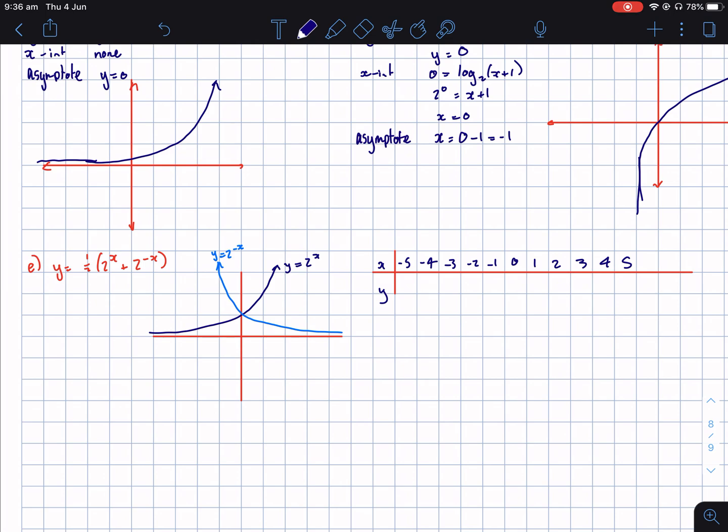And that's 1,025 over 64, which is like 16-ish. Okay, now I'm going to replace those 5s with 4s. So this one is 257 over 32, which is 8-ish.